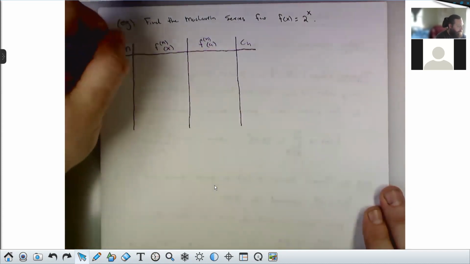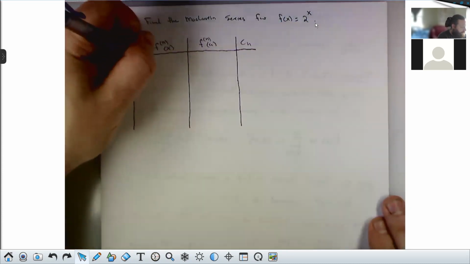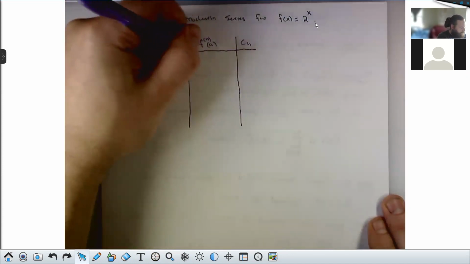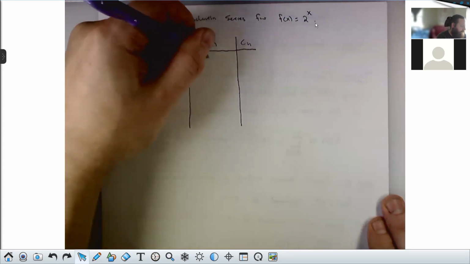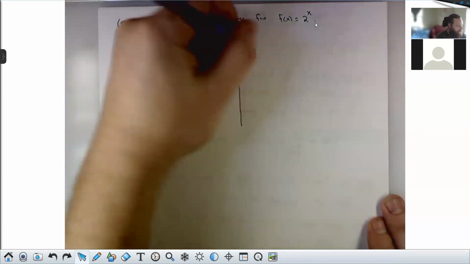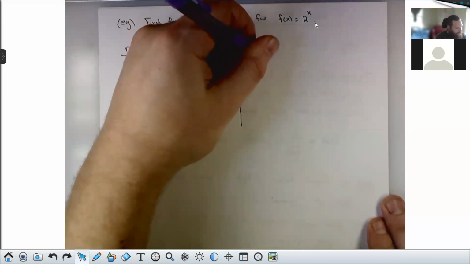So I'm going to fill out this table one row at a time, starting with n equals 0. If I differentiate 2 to the x 0 times, then that stays 2 to the x. If I plug in the center, which here is 0, I get 2 to the 0, which is 1, which means that C0 is 1 over 0 factorial.